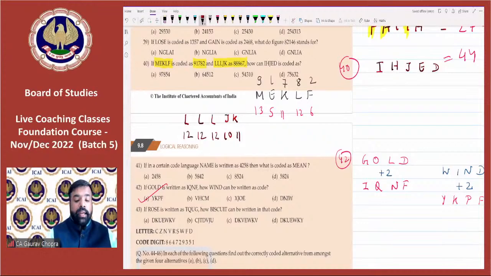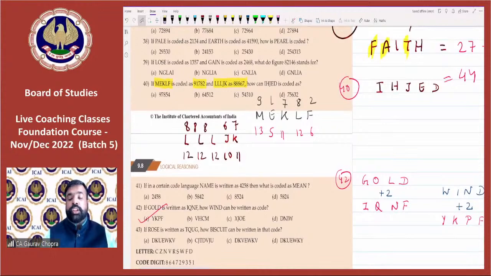So we can subtract again 4 from them and see we are getting 8, 8, 8, 6, 7. So similarly, what is the code number for I, H, J, E, D? I is 9, H is 8, J is 10, E is 5, and D is 4.